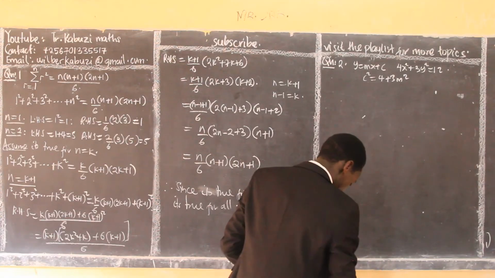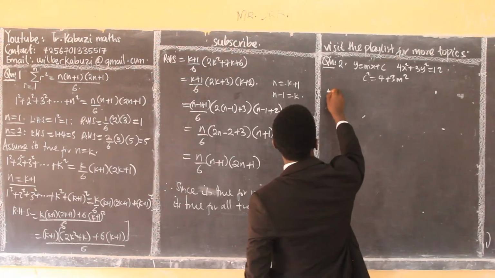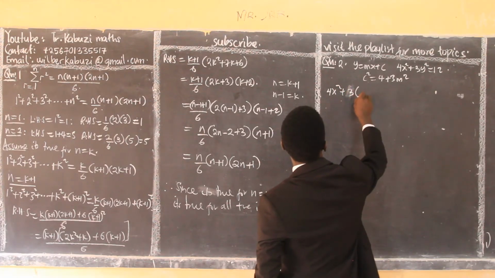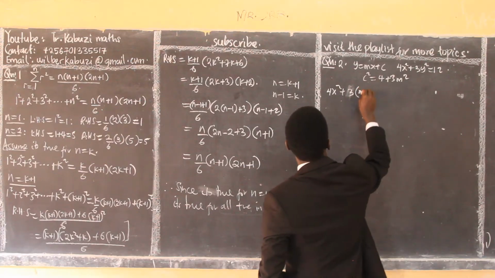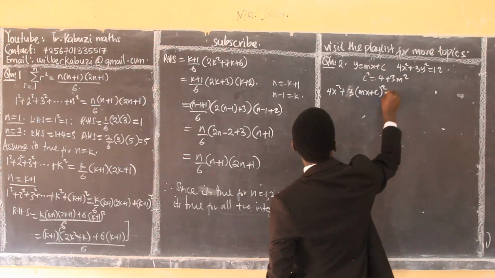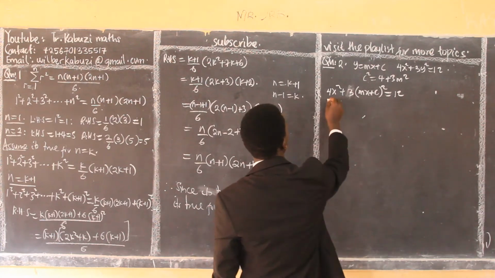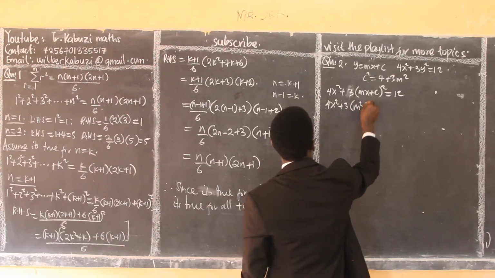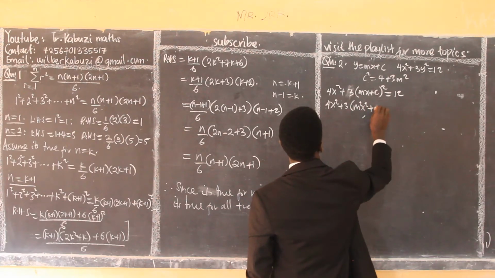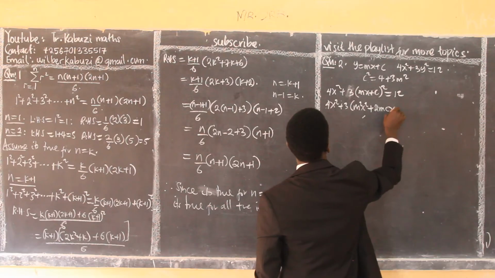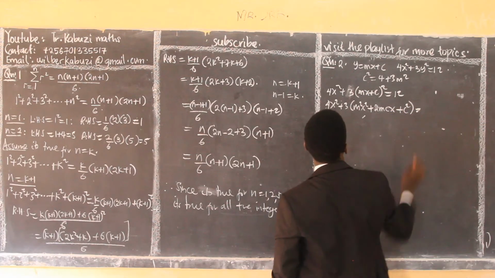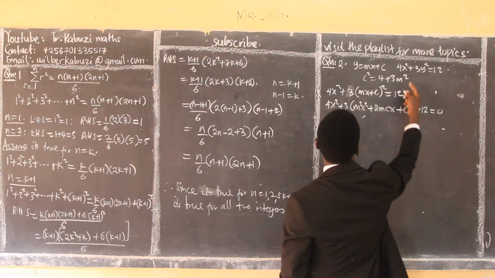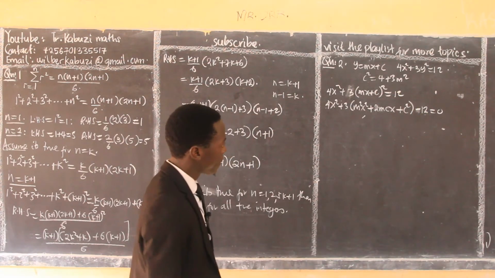So if you do that, now I'm going to be having 4x squared plus now 3 into mx plus c all squared equals to 12. Expanding 3 into, now this will be 2mcx plus c squared, minus 12 equals 0, so I bring everything on the left.